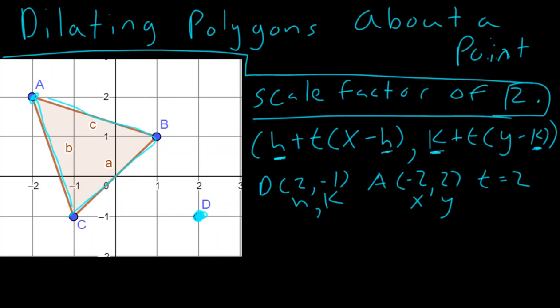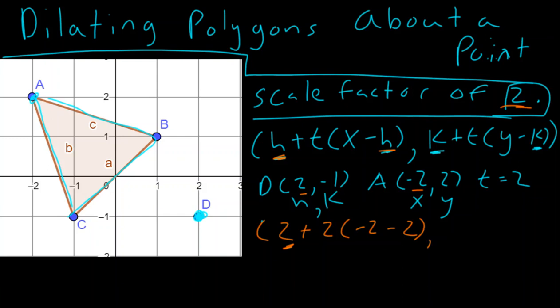Okay, so how are we going to plug this in and what's it going to look like? Well, switching colors just so it's very distinct, we can say that our h value is 2 plus our scale factor is 2 parentheses, and then our x value is negative 2 minus, and remember our h value is what we start and finish with, so 2 and then there's a 2, comma.